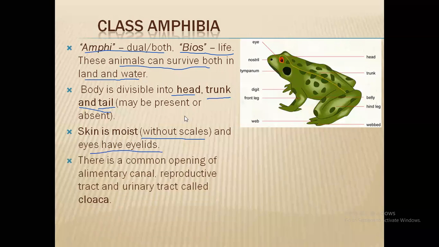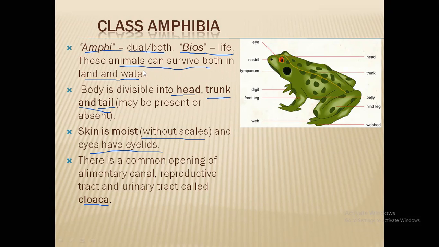The next point is there is a common opening of alimentary canal, reproductive tract, and urinary tract called cloaca. Now this is a very unique feature. यहाँ पे आप देखोगे ये जो ग्रुप है एम्फीबियन, इनका एलिमेंट्री कैनल मतलब डाइजेस्टिव सिस्टम, रिप्रोडक्टिव ट्रैक्ट, यूरिनरी ट्रैक्ट, तीनों का एक ही ओपनिंग होता है. Generally you will find that in higher organisms all these three different systems, digestive system, reproductive system, urinary system, open through different openings.